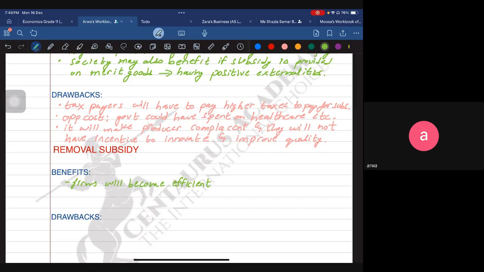There won't be that much of a tax burden. Then there can be less of an opportunity cost because they will have more allocated budget for the provision of public goods and merit goods.